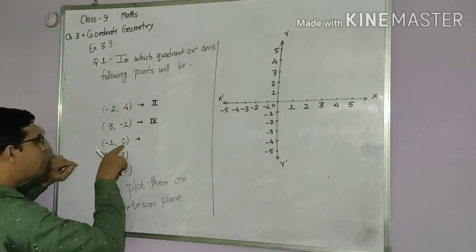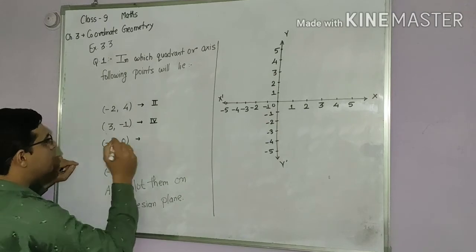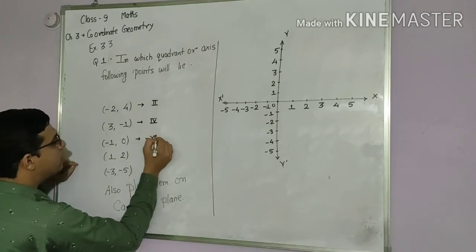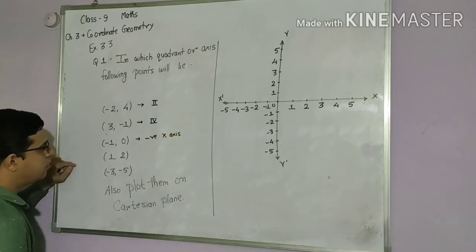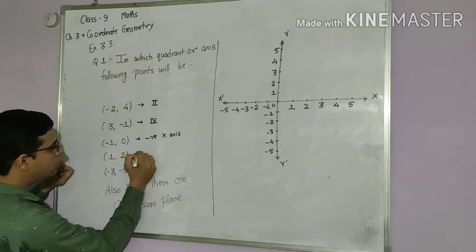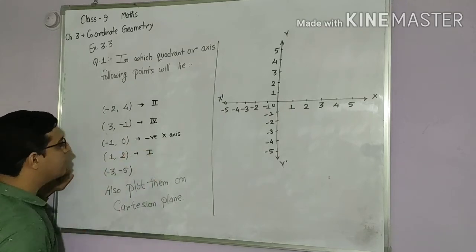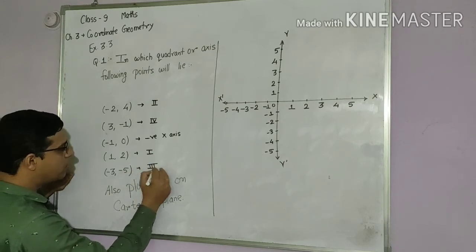Here y coordinate is 0 and x coordinate is minus 1, so the point will be on the negative x-axis. When we plot, you will understand. Here both are positive, so it will be in the first quadrant. Both are negative, so it will be in the third quadrant.